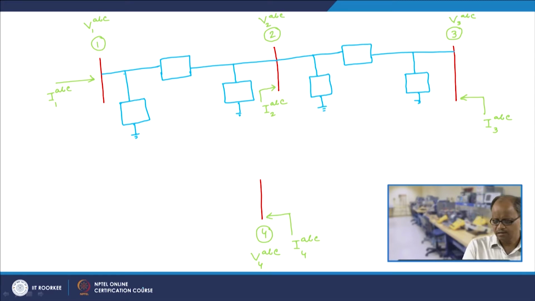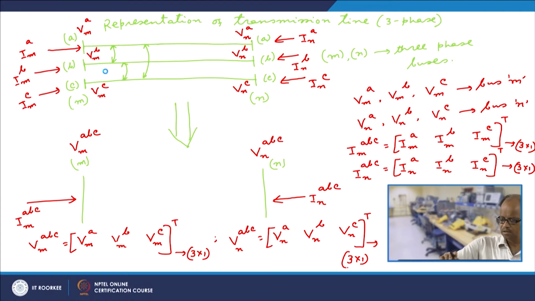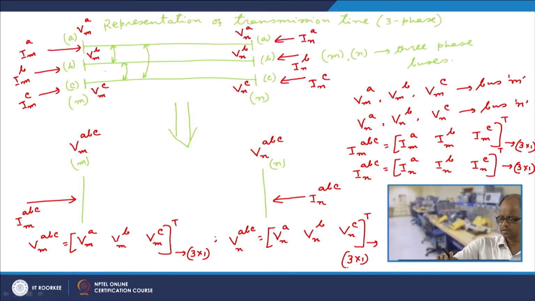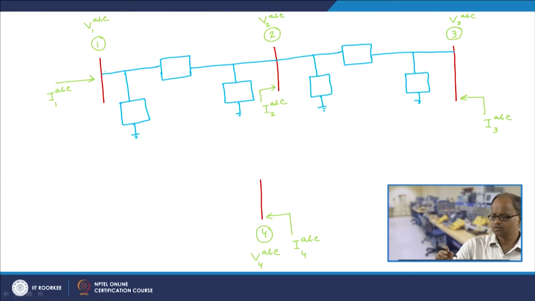And then we had our system like this: from 3 to 4 there is a connection, from 1 to 4 also there is a connection. So, from 3 to 4 where there is one connection, we write like this.